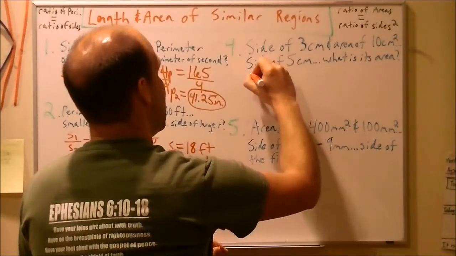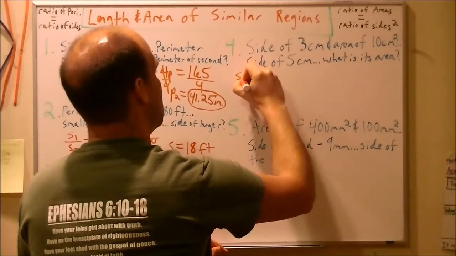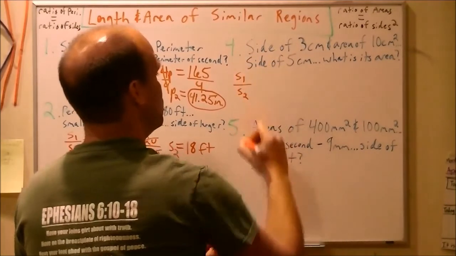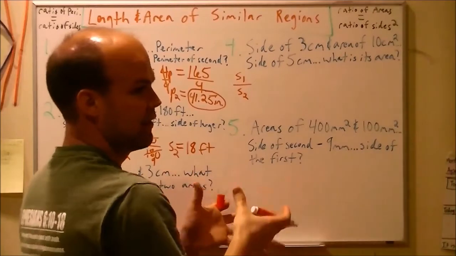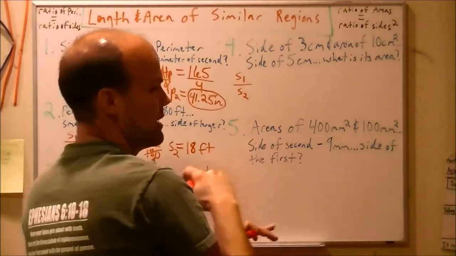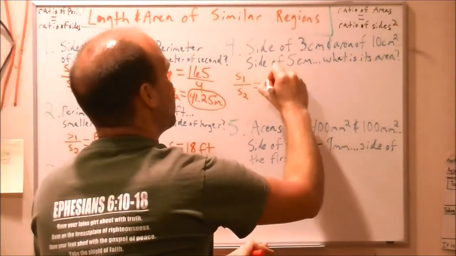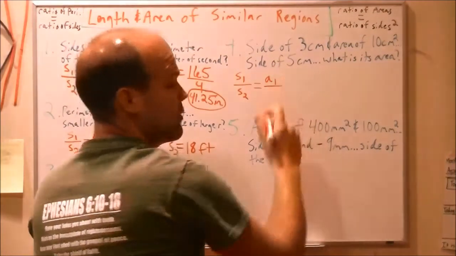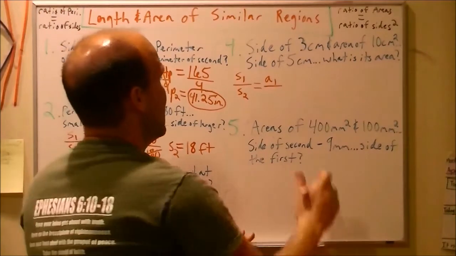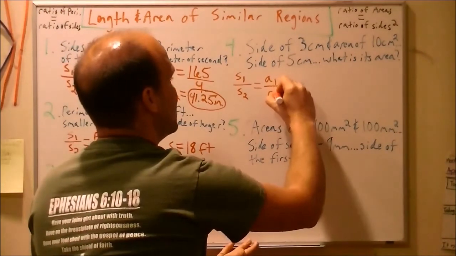It's going to be S1 over S2. Okay, and that just means the side of the first shape over the side of the second shape. That doesn't mean to the first power squared. Equals A1, instead of perimeter, area, A1 over A2.